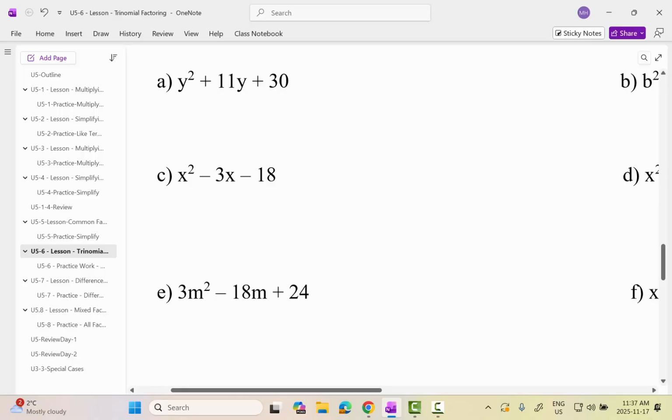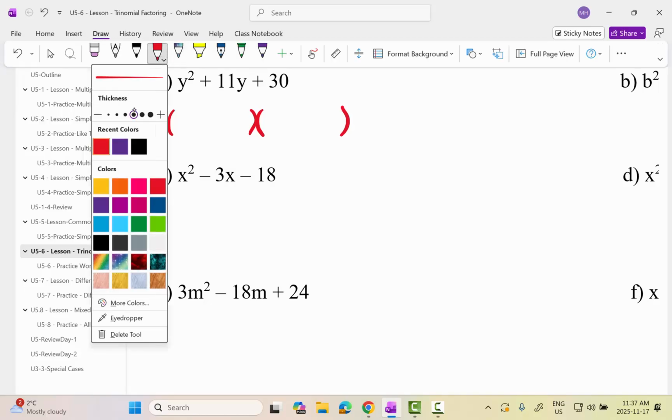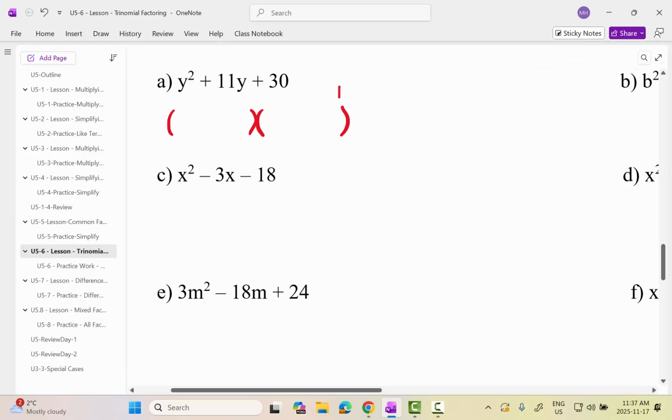So, if I want to factor this, again, I need to draw two brackets. Okay, so there are my two brackets. What do I have to put right at the front? Yeah, that's right.